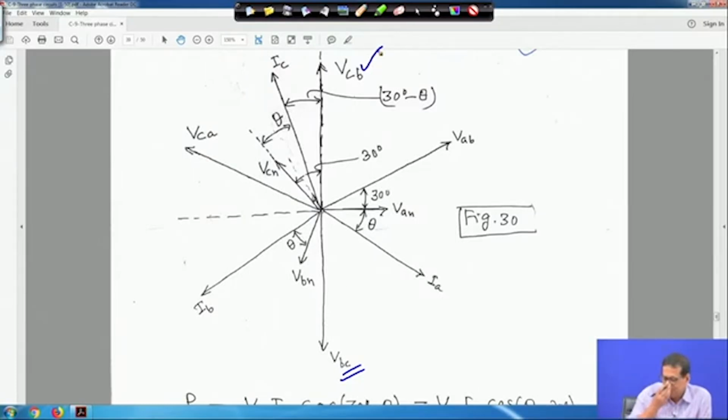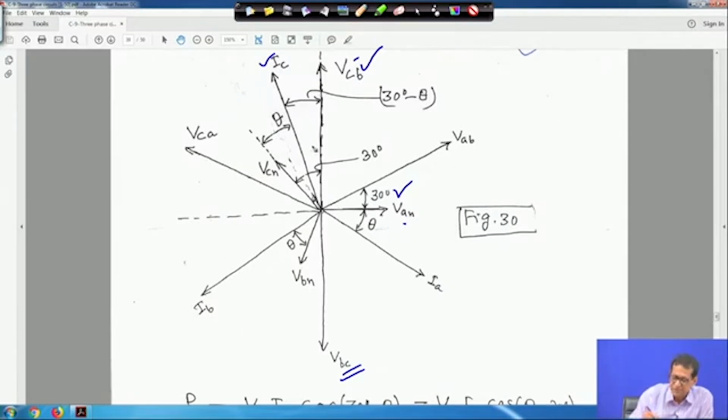Now, we want the angle between VCB and IC. The angle between VAB and VAN is 30 degree. Similarly, here it is VCA and VCN, and the angle will be 30 degree like this.